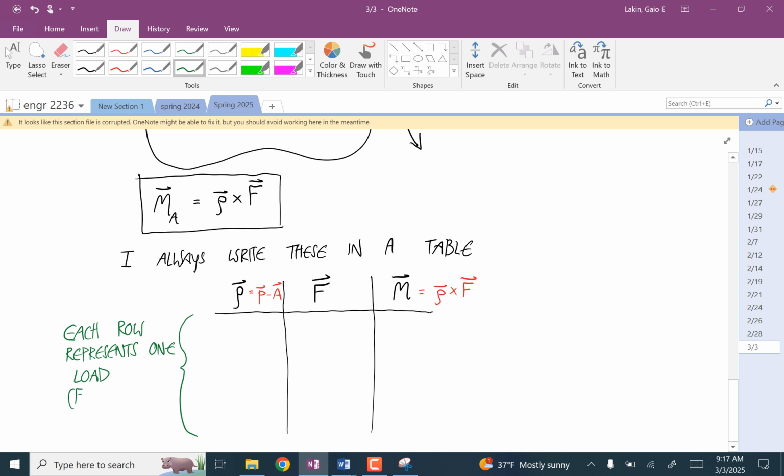A load can be a force or a couple. Once you're done, you have all of the forces in the middle column, which you can use for the left side of Newton's second law, and all of the moments in the third column, which you can use for the moment equation. It makes it really easy to fill out your equations.